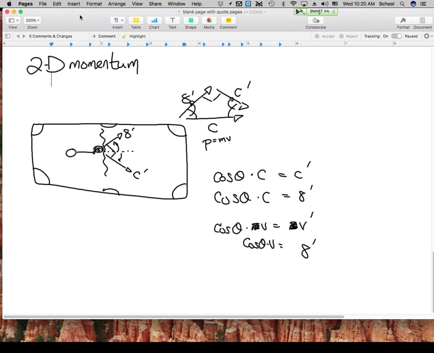So that works out super simple if the masses are the same, and they are in pool. But lots and lots of other things, they are not the same.